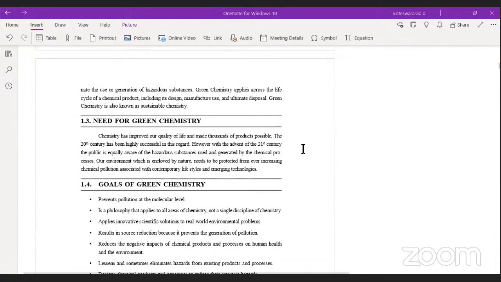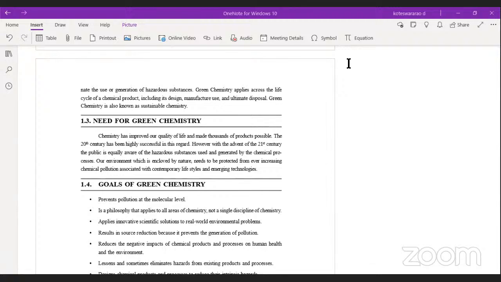Green chemistry applies across the life cycle of human beings, those who are using the chemical products, including its design, manufacturing and use, and ultimate disposal. That means whenever we are producing a chemical substance, we need to use it.